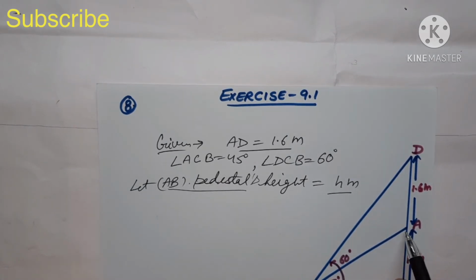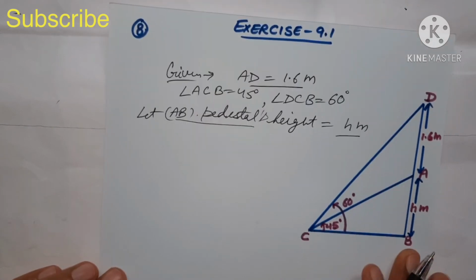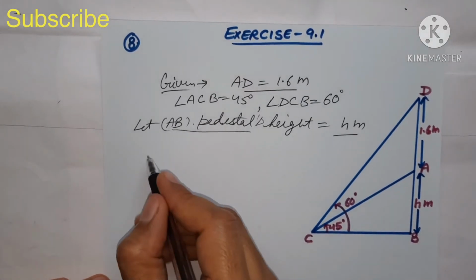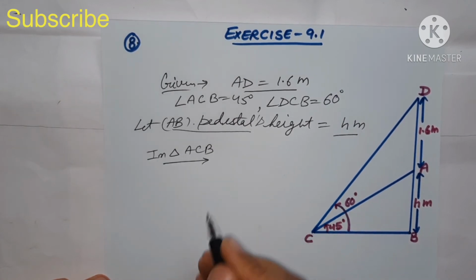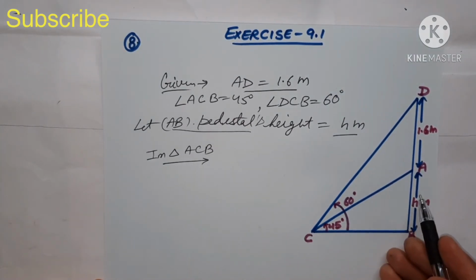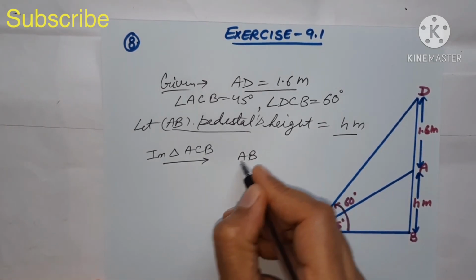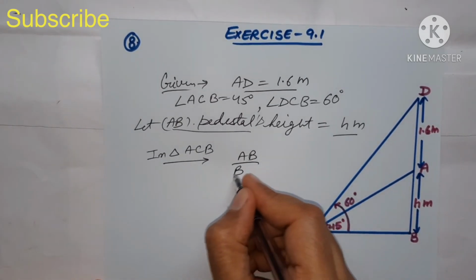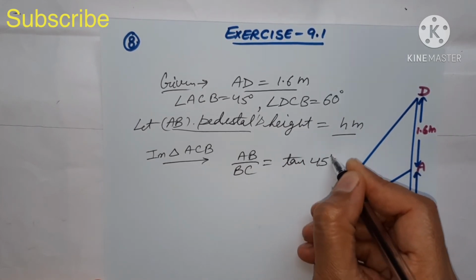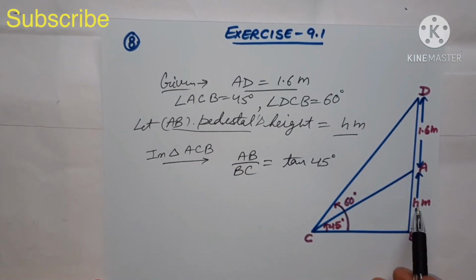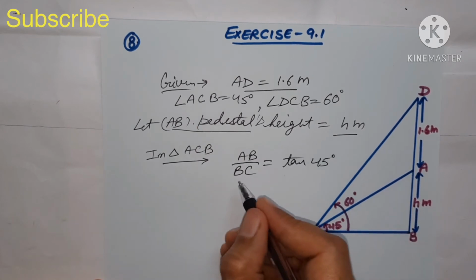So first we will take this triangle ACB. So in triangle ACB we can write down AB upon BC is equal to tan 45 degree, and this height we considered as h.